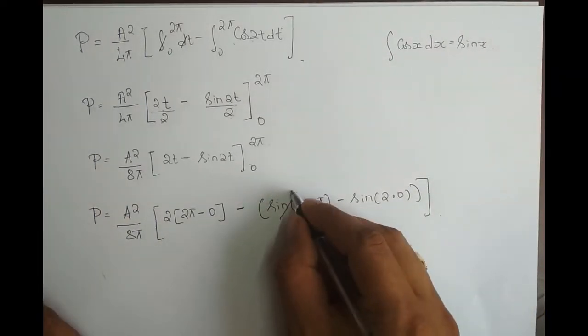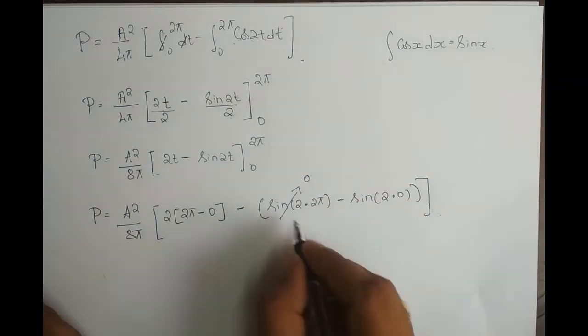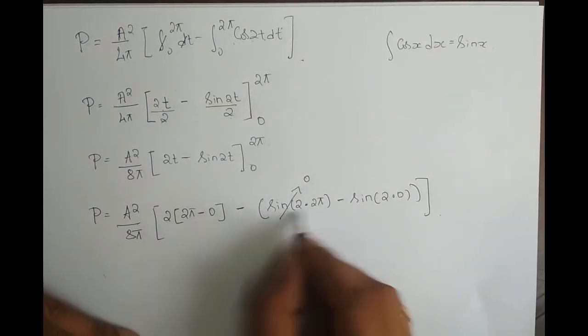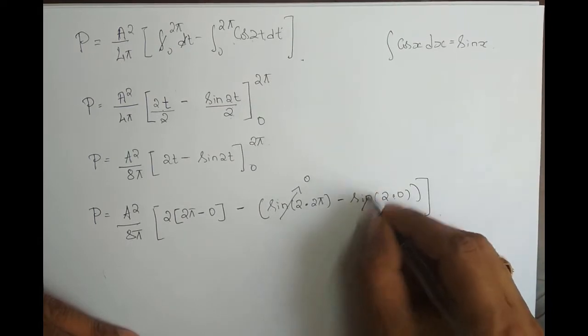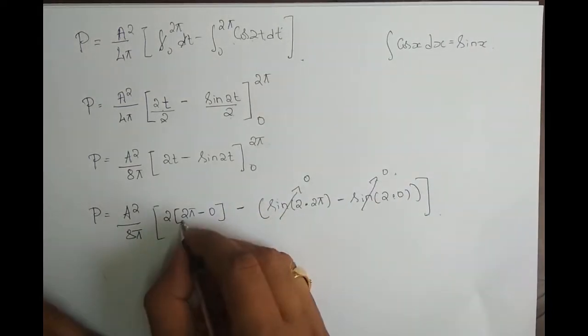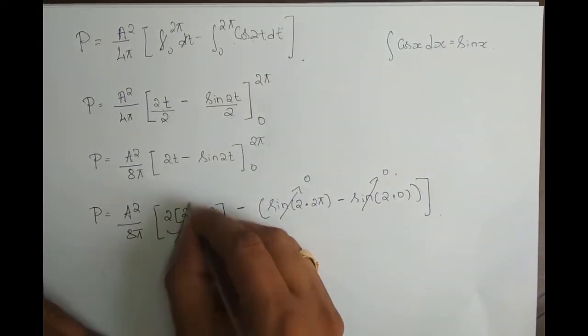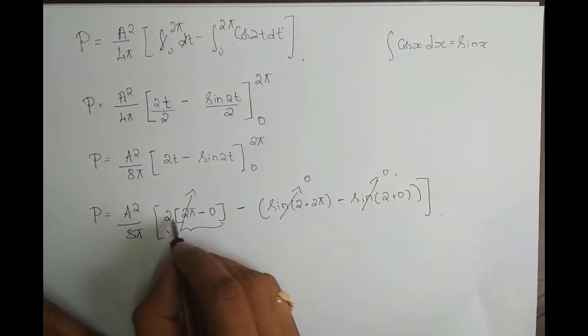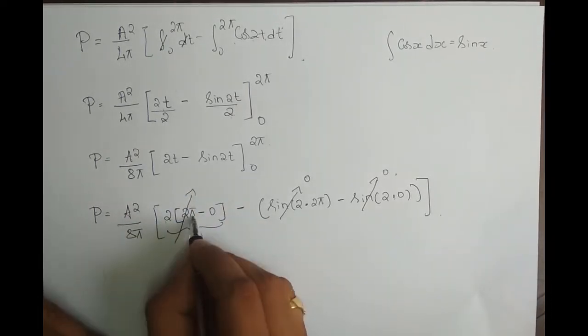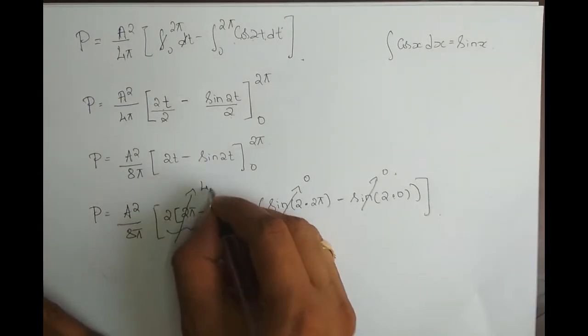Now this is 0, integer multiple of pi inside the sine is always 0, and this is sine 0, which is 0. So this entire thing happens to be 2 times 2 pi, which is 4 pi, minus 0. So this entire thing is 4 pi.